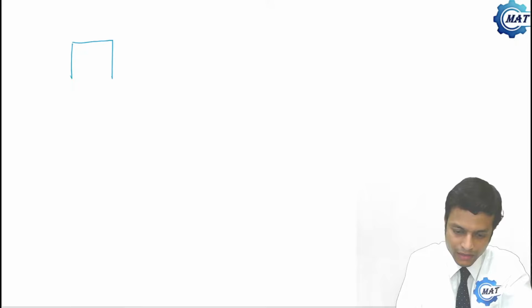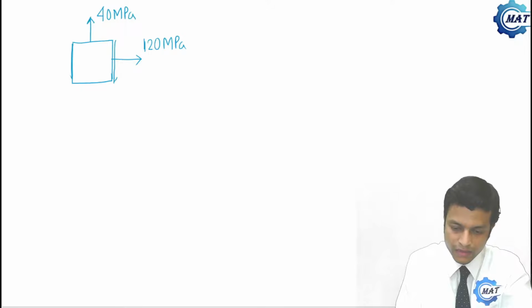The given state of stress was: this is 120 MPa in the x direction, 40 MPa in the y direction, and this is tau xy, which is 30 MPa. So this is the given state of stress.